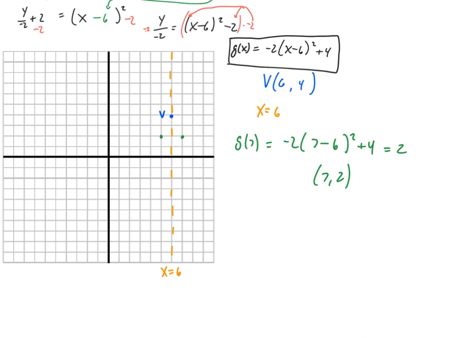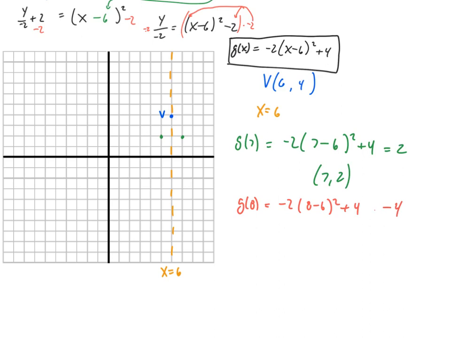And then I'm going to go ahead and find g of 8. Dang it. Always do that. G of 8. So -2 times 8 minus 6 squared plus 4. So 8 minus 6 is 2, 2 squared is 4, times -2 would be -8. -8 plus 4 is -4.